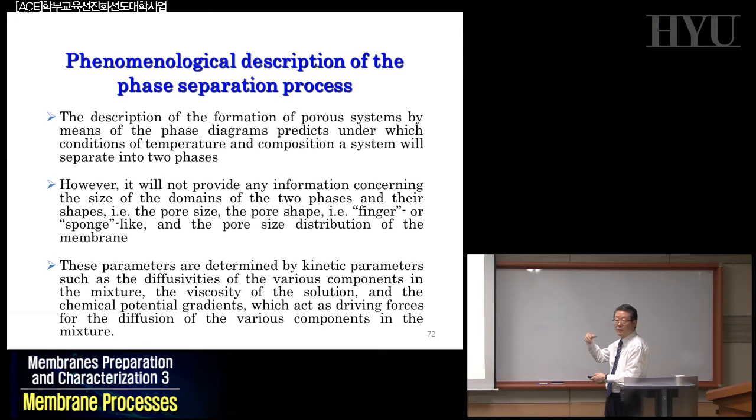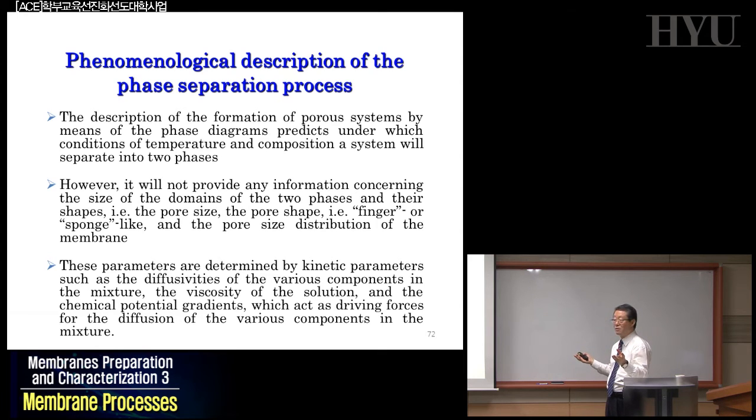I think this is the same as what we have seen before. Again, the phase diagram is very important. You can have two phases, and the two phases might be miscible or might be separated from each other. So this way you can make a membrane.